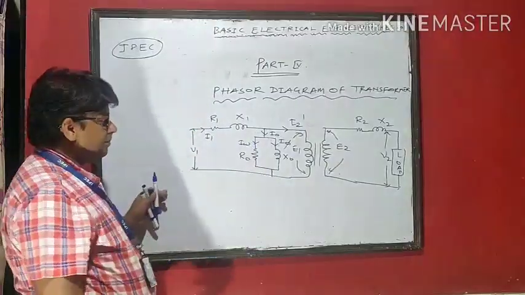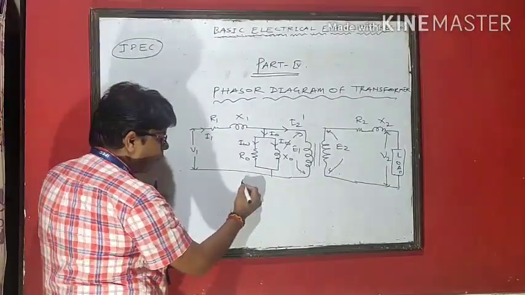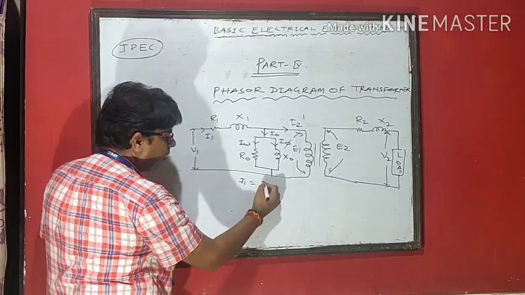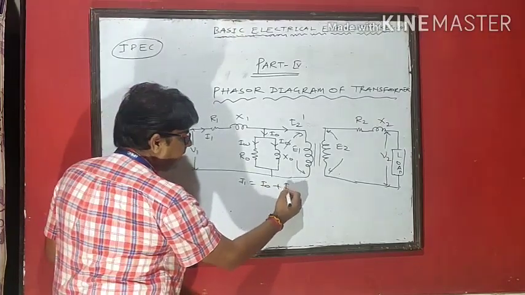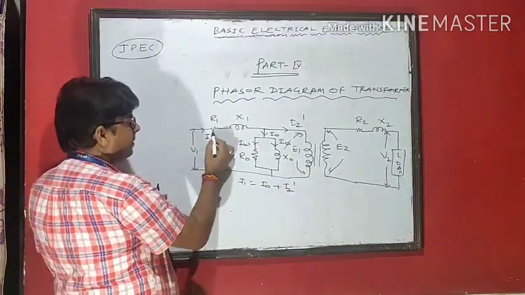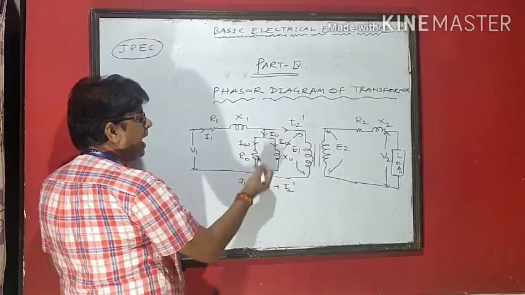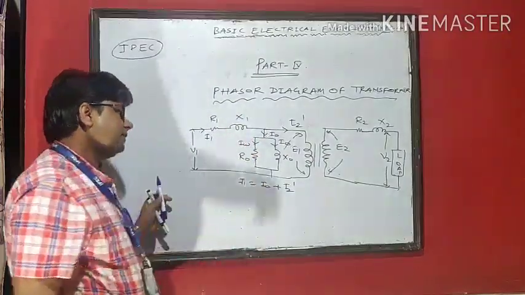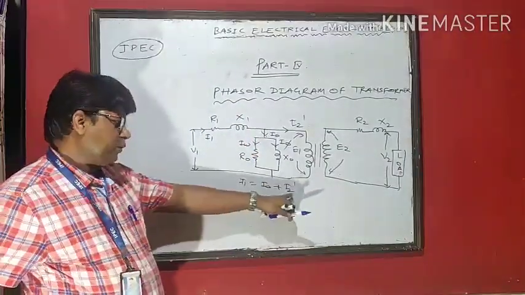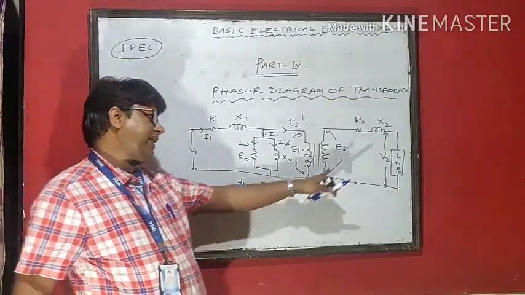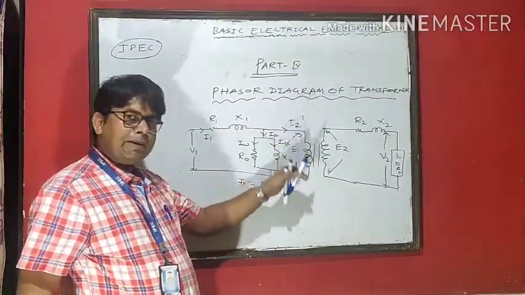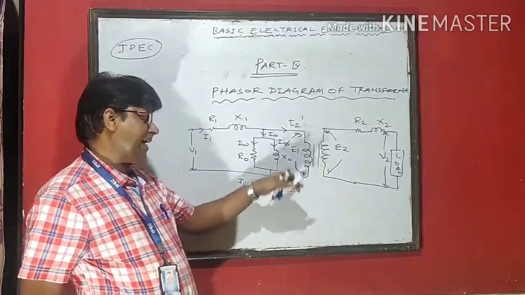From this diagram, what is the value of I1? I1 equal to I0 plus I2 dash. What is I2 dash? That means I2 dash is I2 transferred to the primary side, so the name is dash.